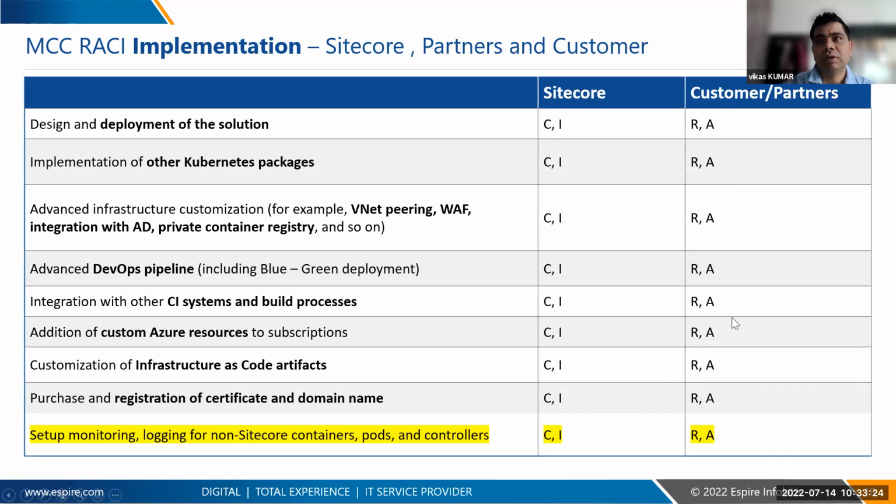Everything comes on us as a partner, or on the customer's technical team, that we need to look into from the deployment perspective, or implementation of anything other than the Kubernetes things, any connectivity that might be required with the initial things, WAF integration, customization, or any private container registry integration that you want, any deployment like blue-green type of deployment that you would like to do, your CI and the build process, the local building of the Docker.